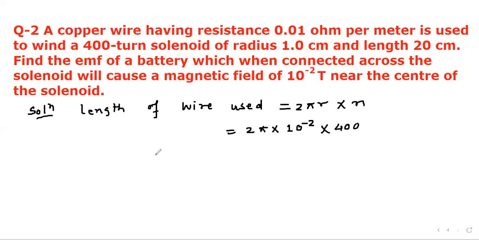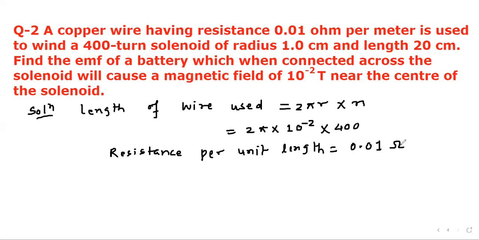Then resistance per unit length is given as 0.01 ohm.